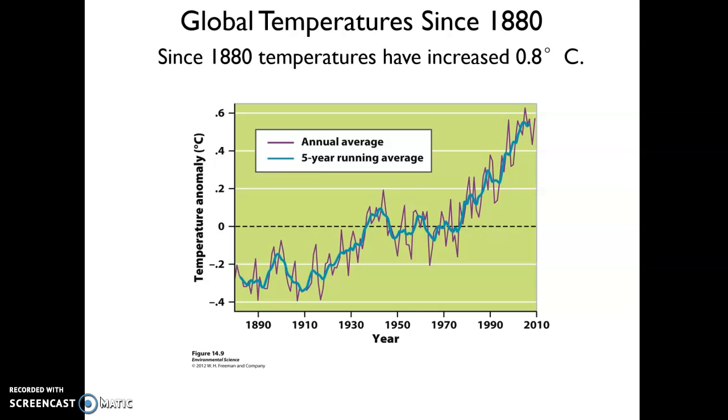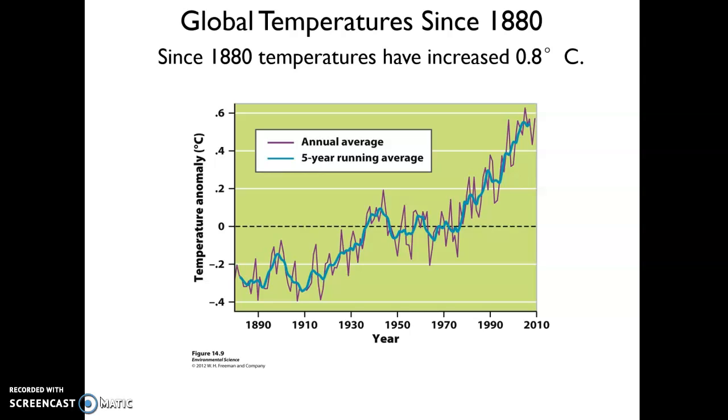So here is some information for you, some data. Since 1880, temperatures have increased 0.8 degrees centigrade. Let me get you some other data. The average surface temperature from 2009 until the current times has increased 2.1 degrees Fahrenheit. Most of the warming has occurred in the last 40 years.